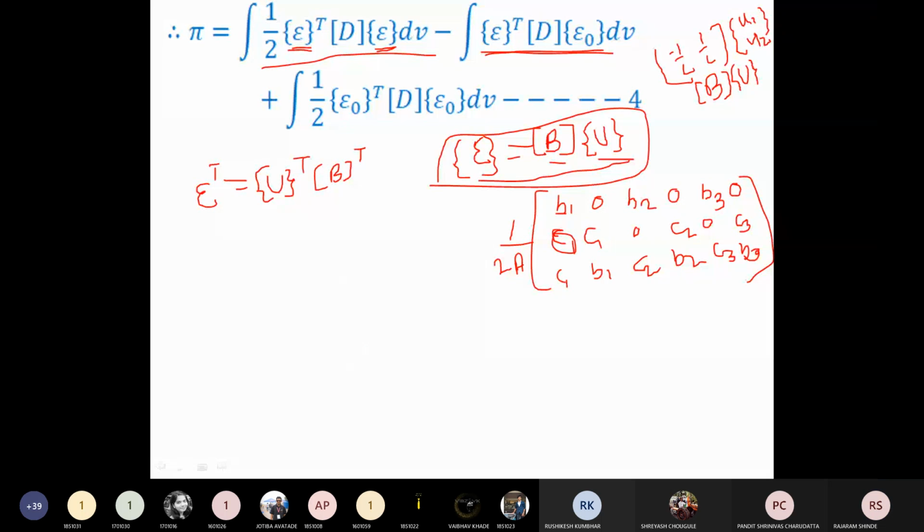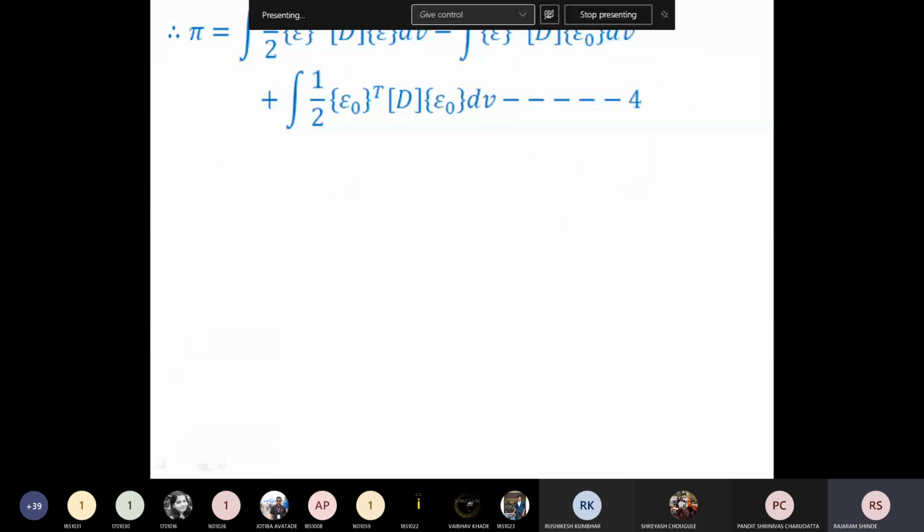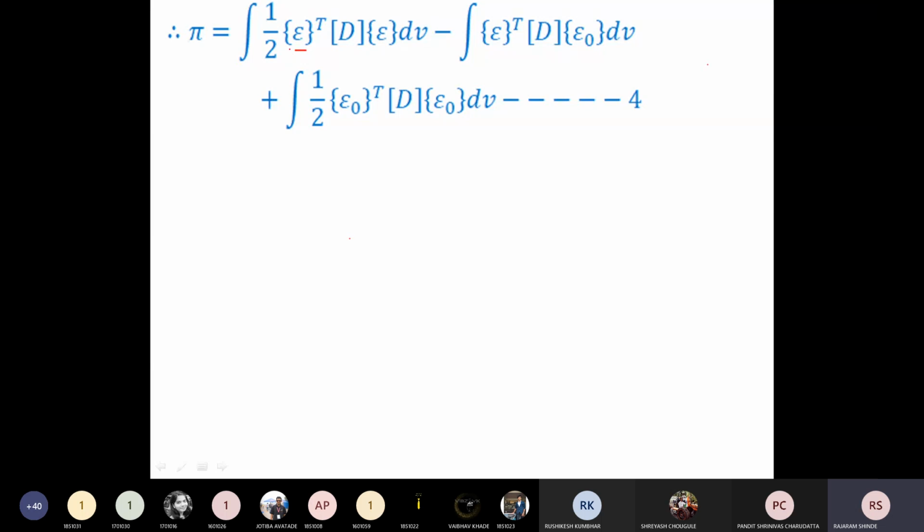Now I will show you how it will be. Here this first term I am going to replace by epsilon transpose, that is u transpose b transpose, because I will write here epsilon is equal to, in matrix form, you have to remember, b into u.